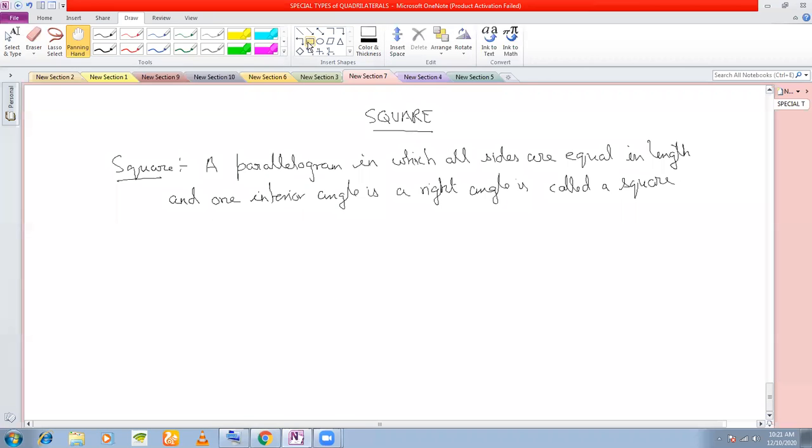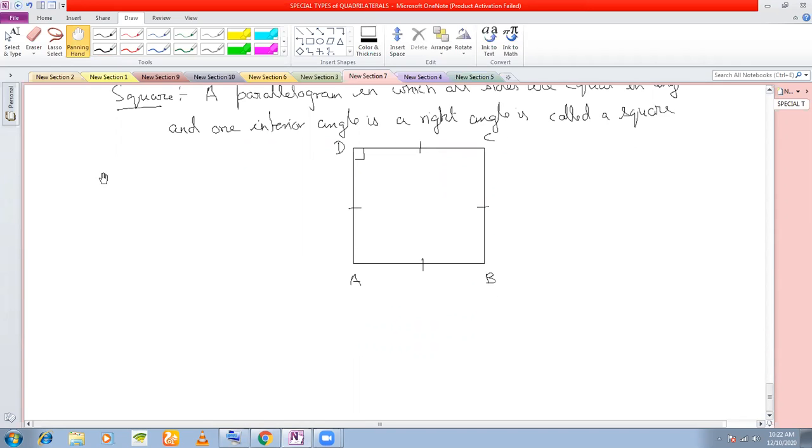So let us draw a square. This is a square. All the sides are equal. One angle is 90 degree. That's it. This is a parallelogram in which all sides are equal and one angle is 90 degree. Let us come to the properties. All the properties of a parallelogram hold good in case of a square also.